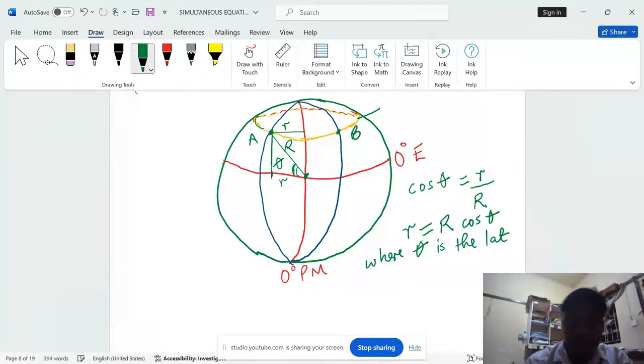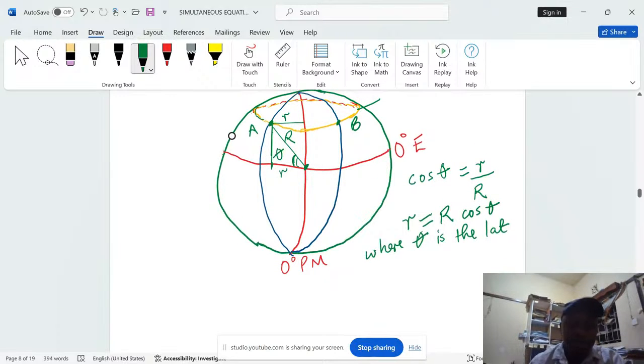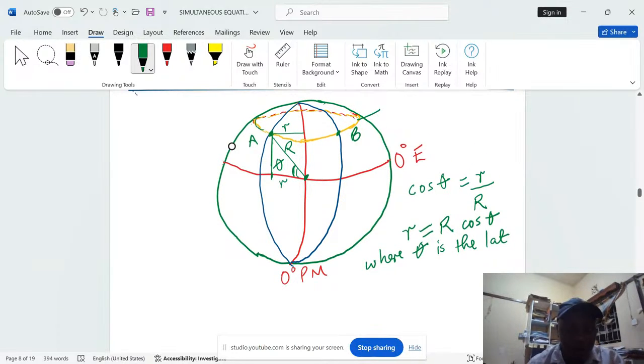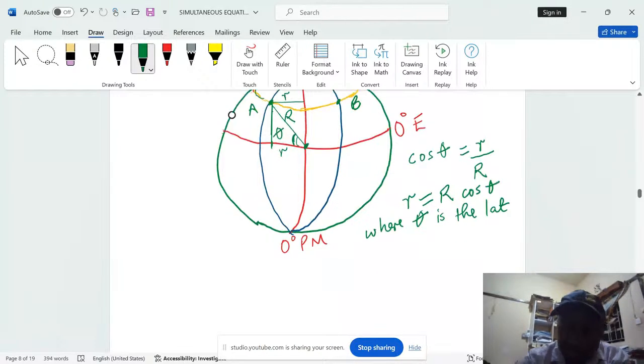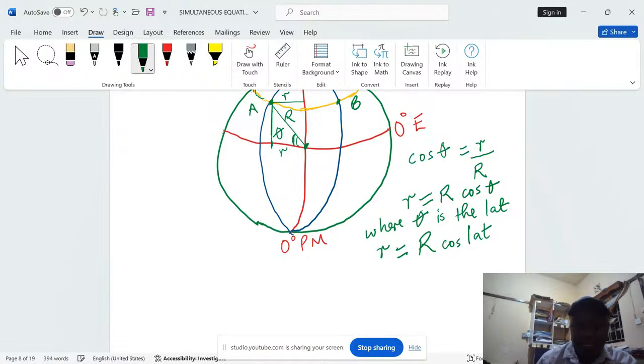So small letter r is given by capital R, the radius of the Earth, multiplied by cosine of the latitude where the place is lying.